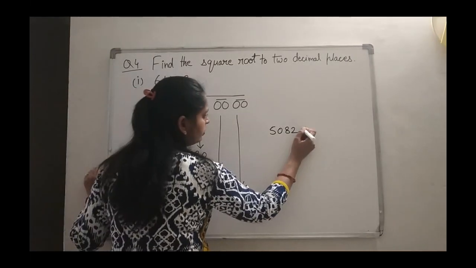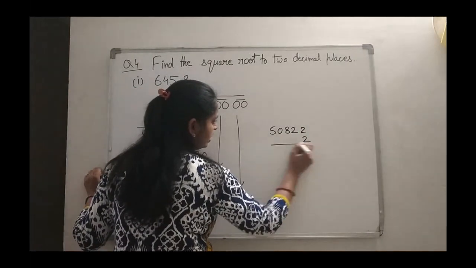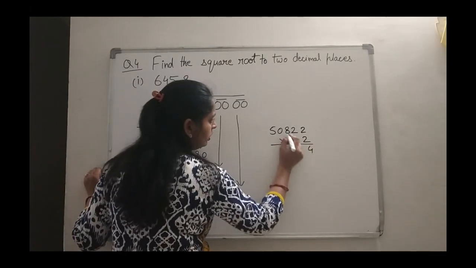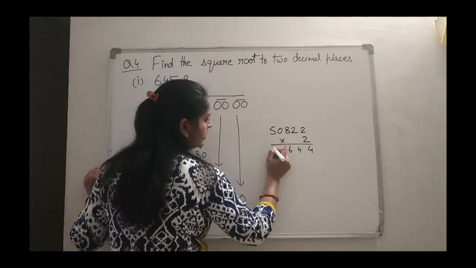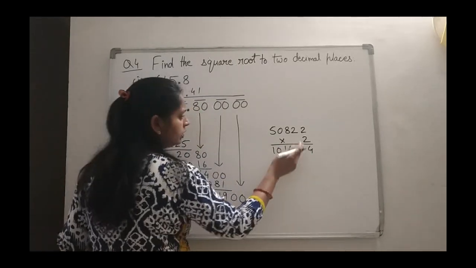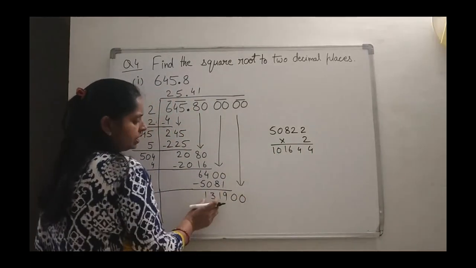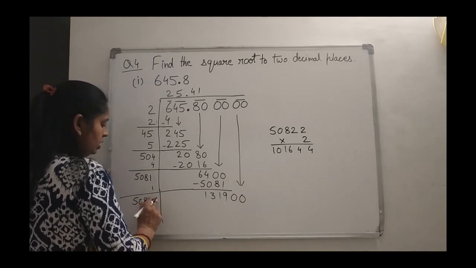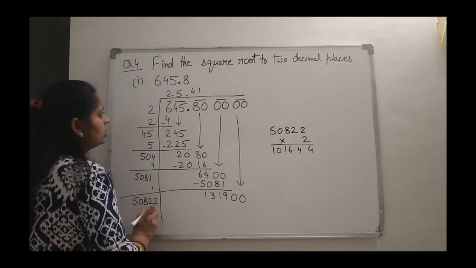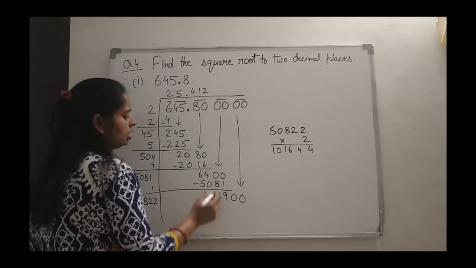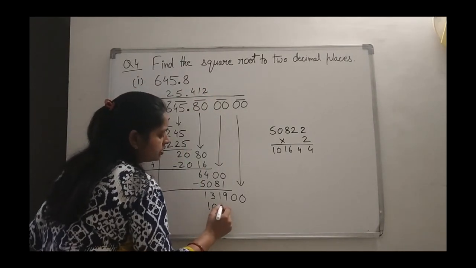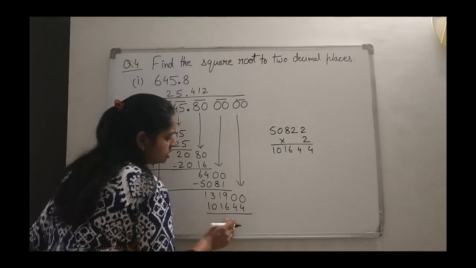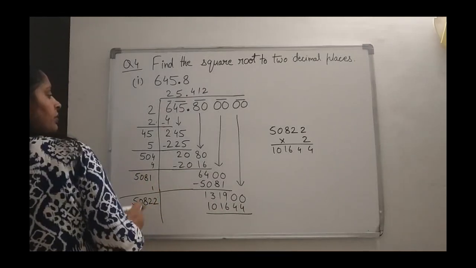So I will go for 2 only, because 5 3 is 15, so it will be greater. 2 2 is 4, 2 2 is 4, 8 2 is 16, and 5 2 is 10. If I go for 3, this number will become 15 and it will be greater than this number. So I will go for only 2 here. So 2 here, 2 will come here, and I got the answer 101644. And this is not going to end because it's not a perfect square.